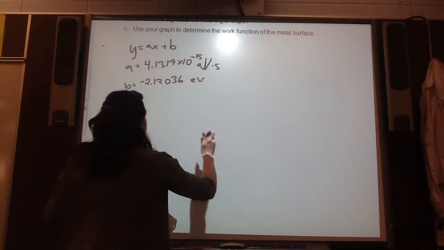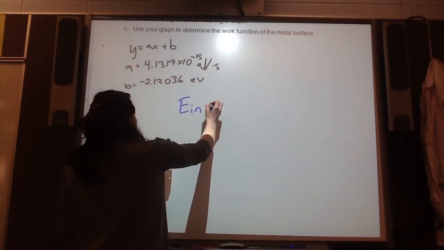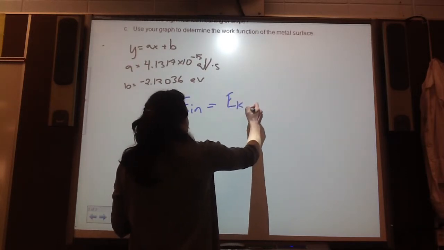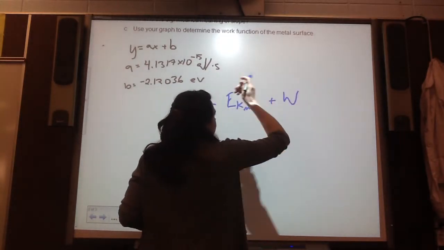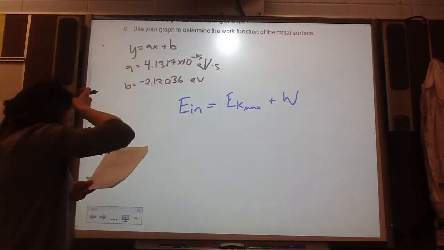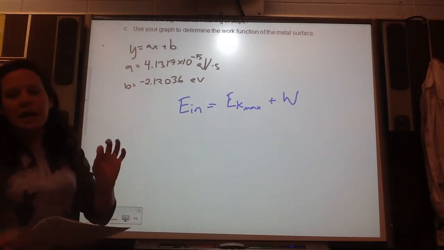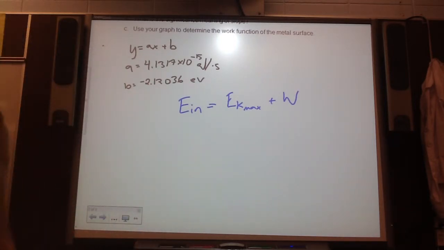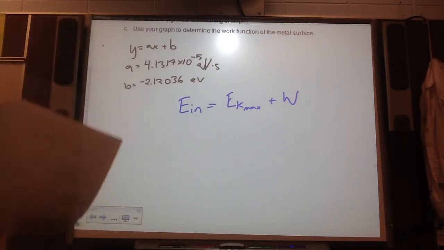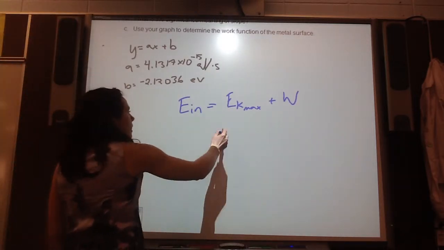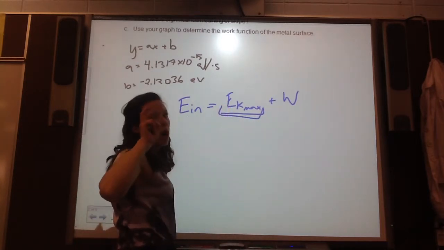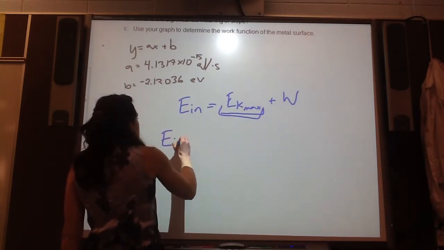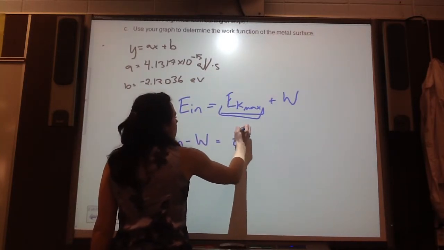We assume the law of conservation of energy, so E incident is equal to EK max plus W. The EK of my electrons is my y variable, my y-axis. So I'm going to leave it on this side and bring the W over here: E incident minus W is equal to EK.